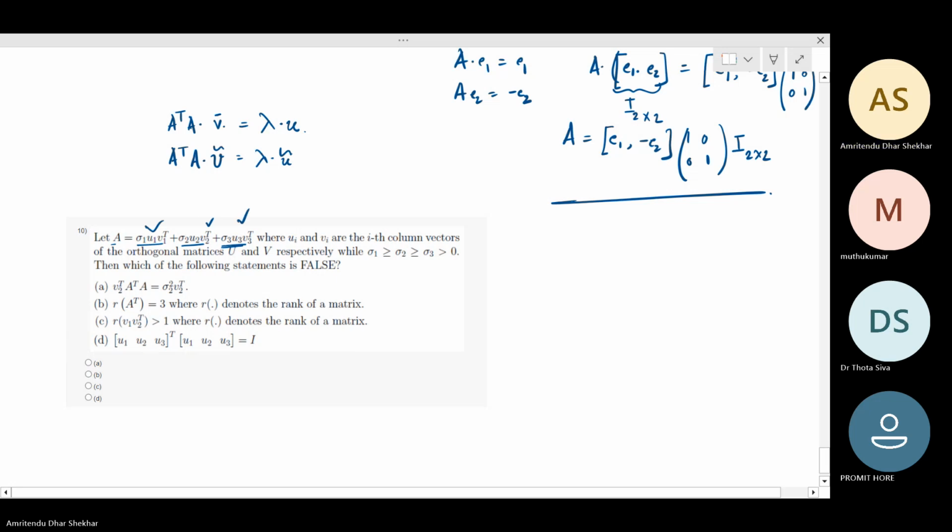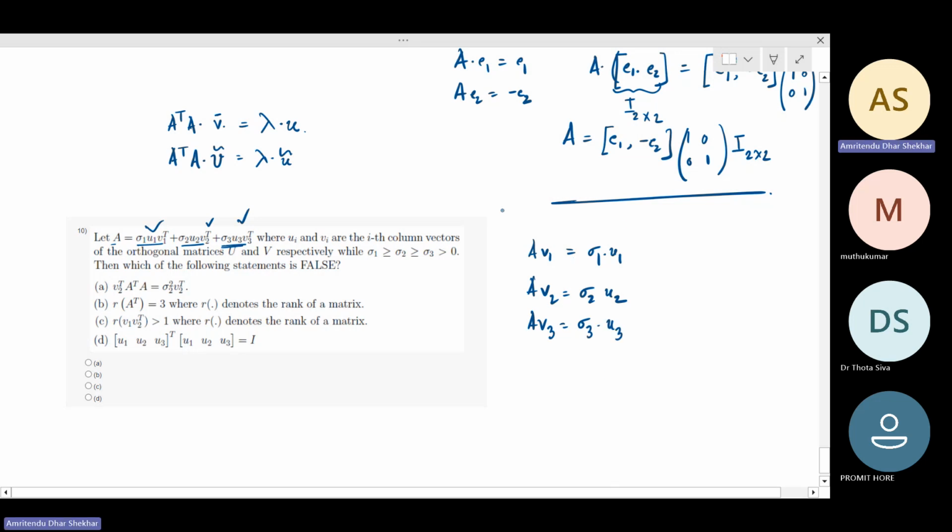So just to break it down, let's say you have AV1 is equal to sigma 1 times U1, AV2 is equal to sigma 2 U2, and AV3 is equal to sigma 3 times U3.